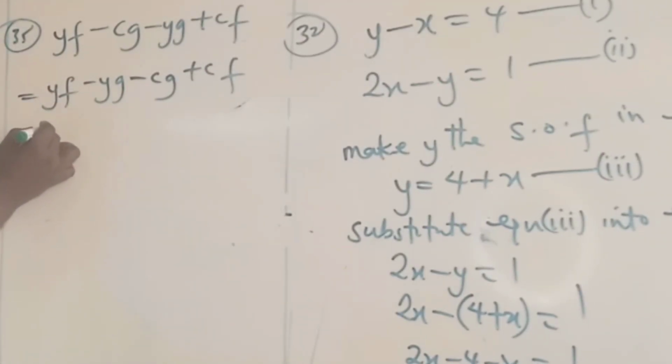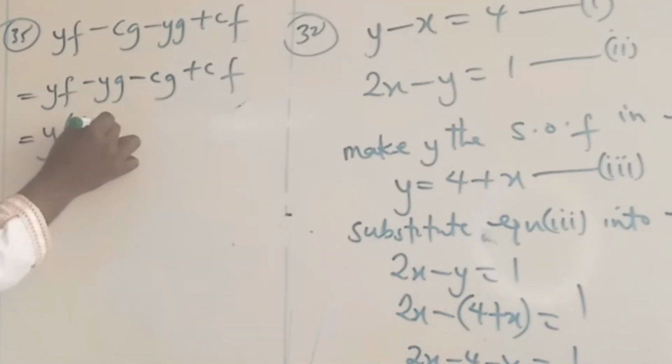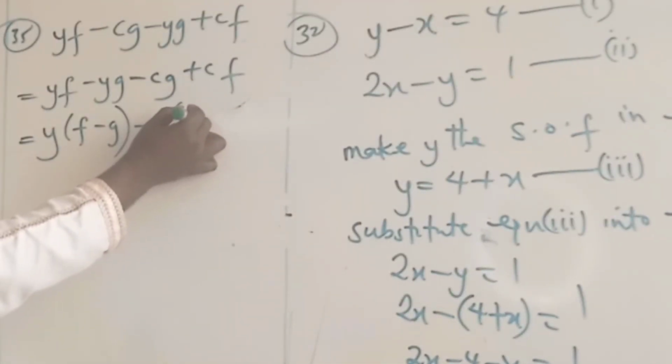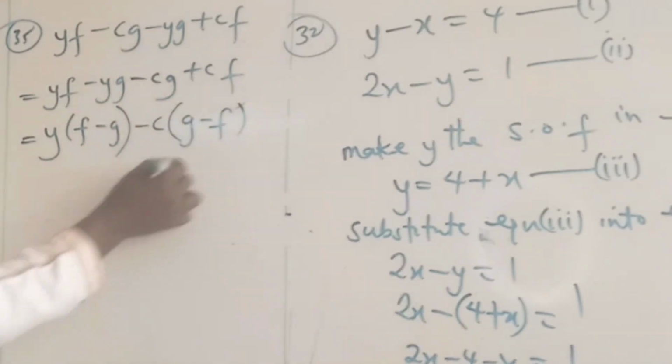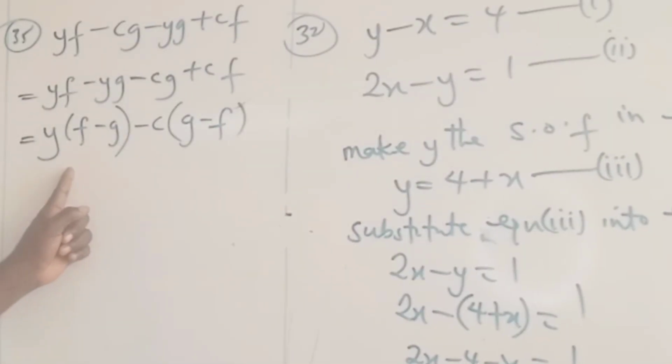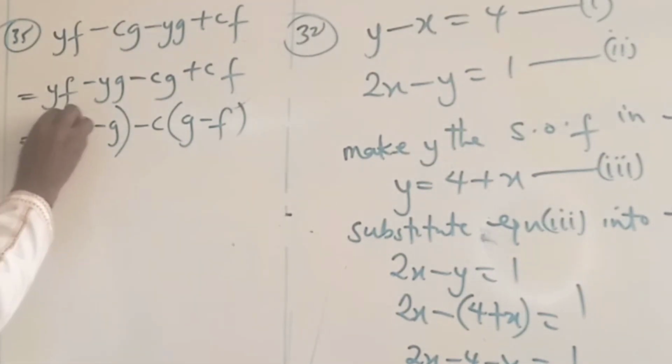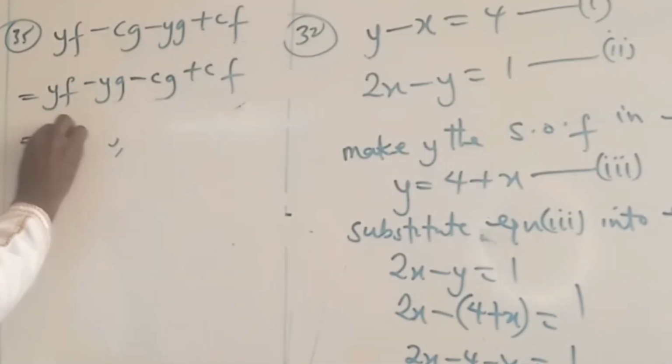We're going to have y is common into bracket f minus g. What is common? c is common. We now are going to have g minus f. This and this, are they the same? No. Do you understand? That is the reason why you pay attention to what you are doing. So you look at it, don't just be doing it, just look at it.